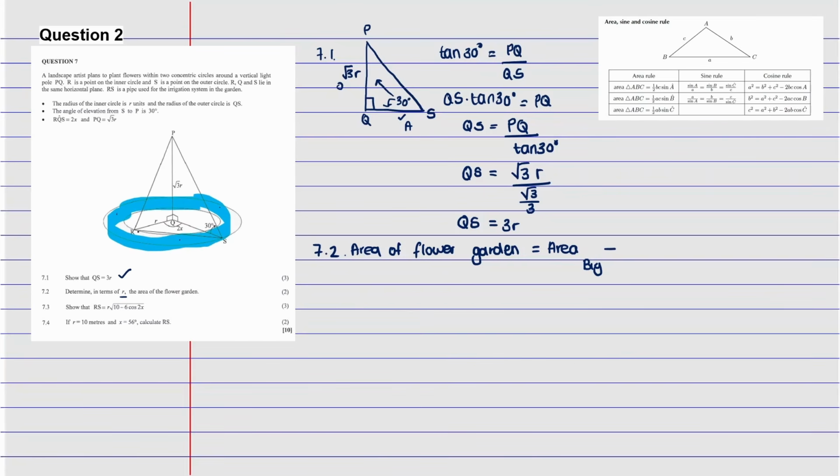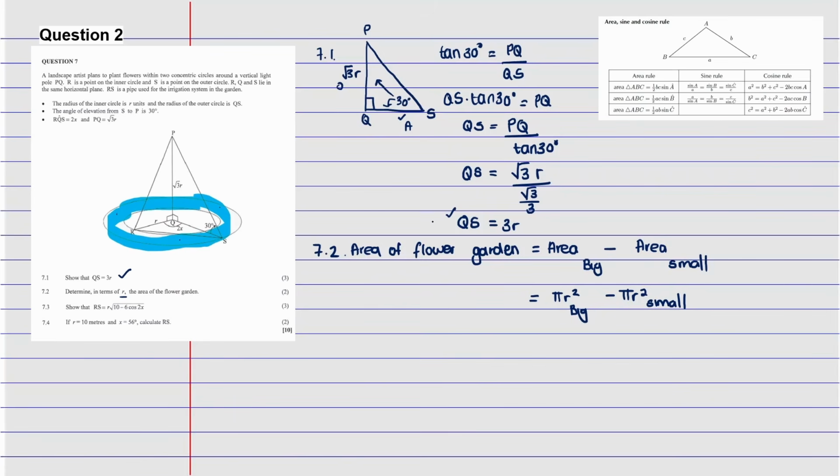You find the area of the big minus the small, which gives you that region. Since we're dealing with circles, the area is pi r squared of the big minus pi r squared of the small. Remember that the radius of the big circle is actually QS.